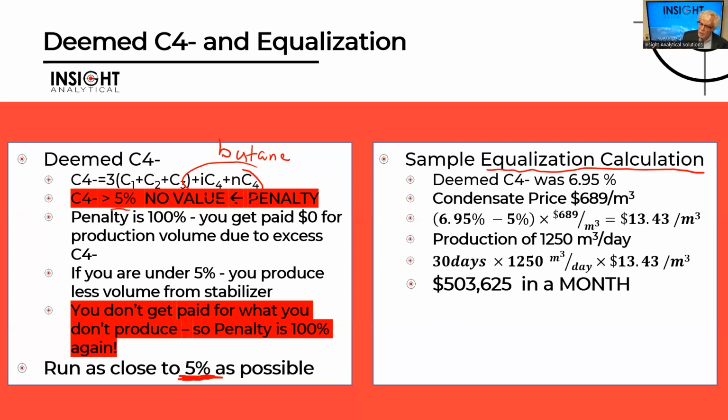Their composite sampler, which is controlled by the pipeline, took their monthly sample, sent it into the lab, and it turned out their DMC4 was 6.95%. The price of condensate in that month was $689 Canadian per cubic meter.